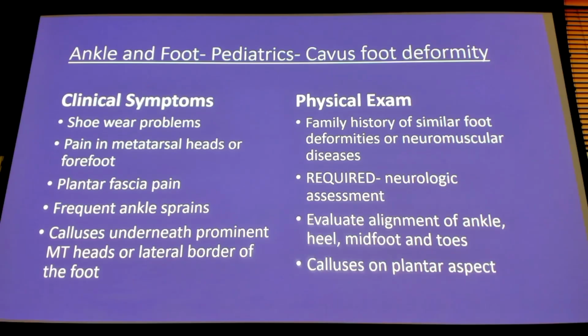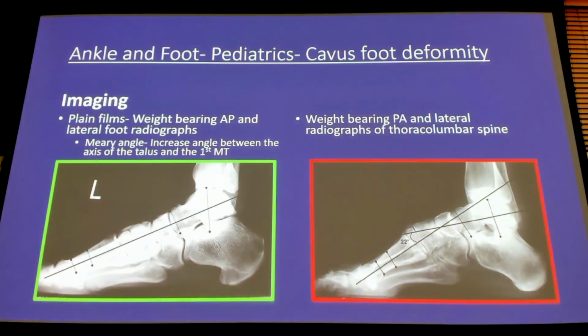Questions? All right. Imaging. What you want to do is to make sure you get a good AP and lateral of the foot. We talked about, and I think I skipped that in our previous lecture, looking at the Meary angle, which is the angle between the axis from the talus to the first metatarsal.